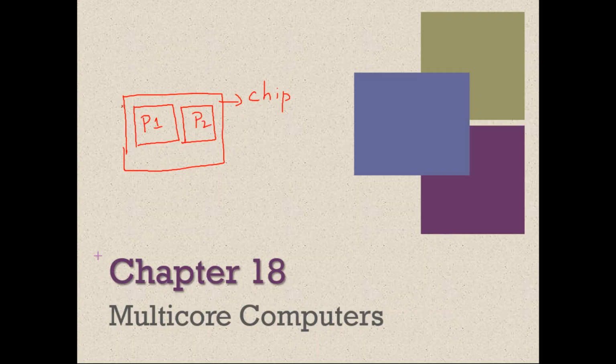If a computer contains a chip with more than one processor, this type of processor is called a multi-core processor, and the computer that holds it is called a multi-core computer.